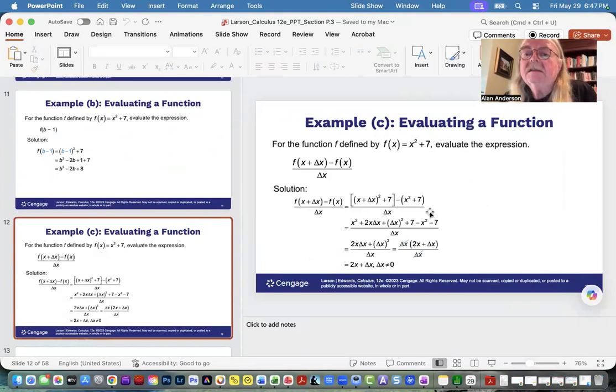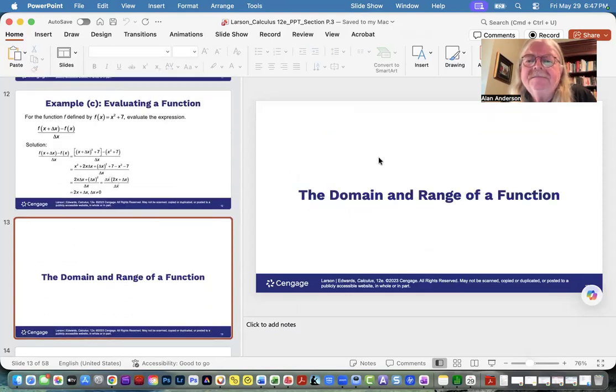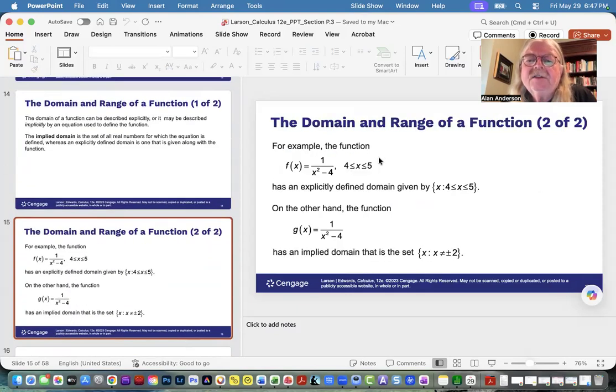Now this is a hint as to what's coming up. You won't need this just yet, maybe in the beginning of chapter 1. This is a definition that will be coming our way later on in the course, and it's a very messy expression, as you can see. We'll get back to that later on. So now here's where they're trying to show you that finding the domain and the range can be very challenging.